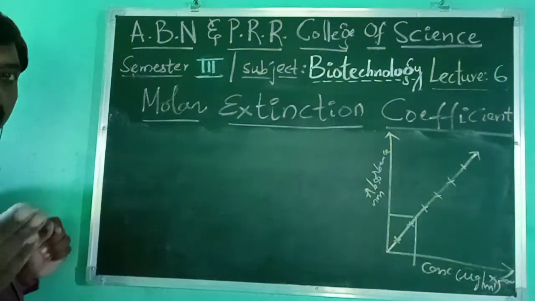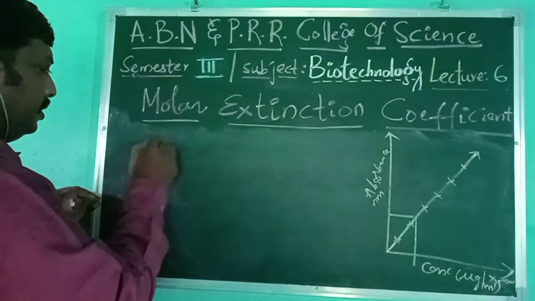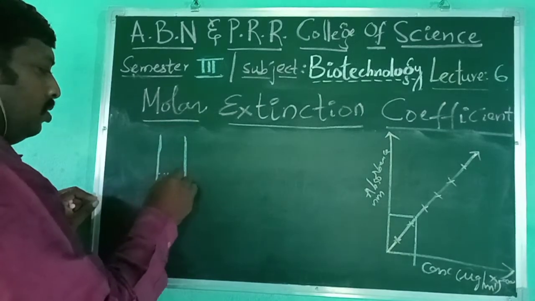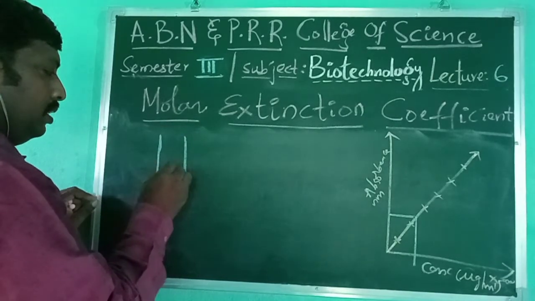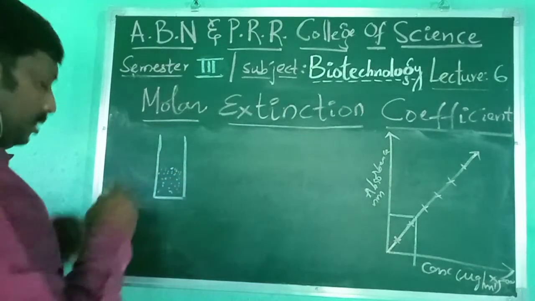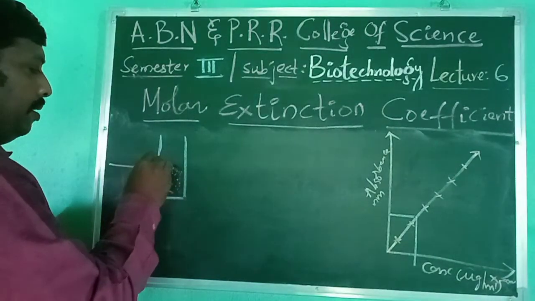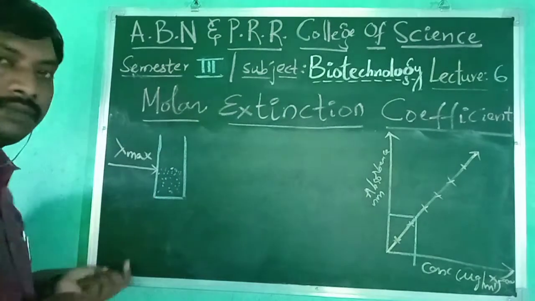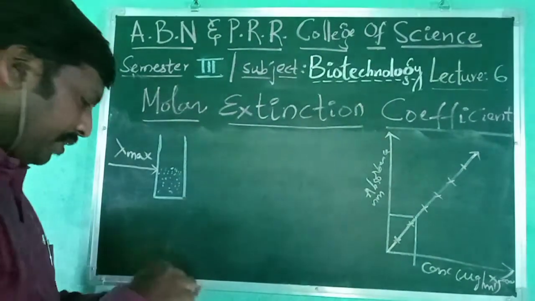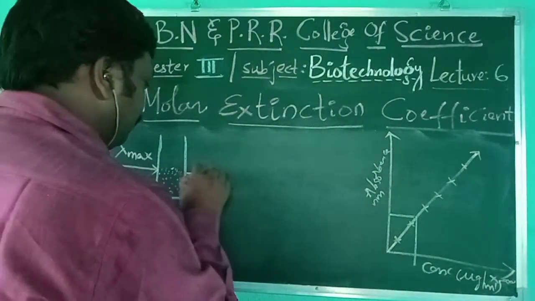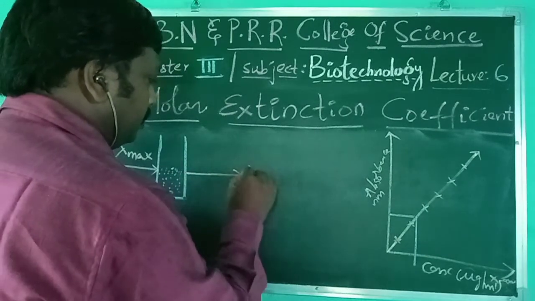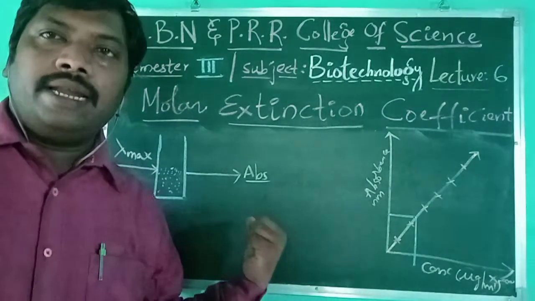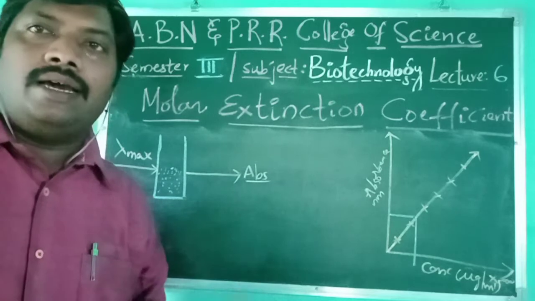The extinction coefficient is measured for a homogeneous solution in a cuvette, at the lambda maxima wavelength, where the solution produces absorbance by using the Beer-Lambert law, which we learned in the last classes.